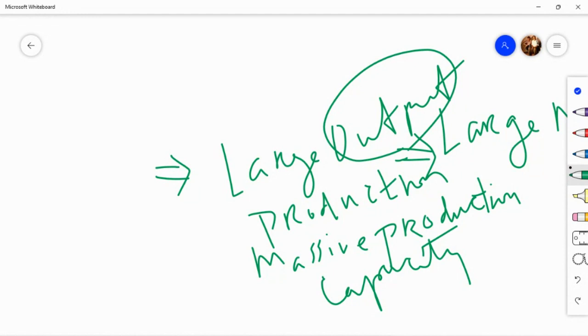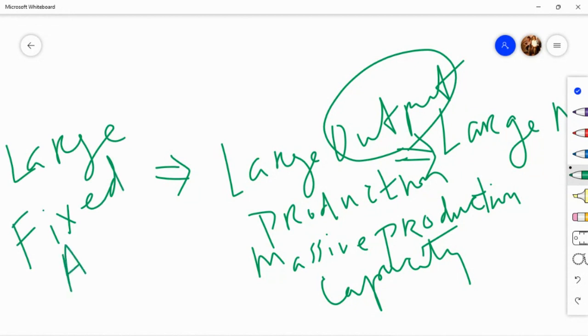In other words, large production capacity means massive scale plant, right? Production facility on a massive scale. And the size of the plant is physical capital, right? Large fixed assets.